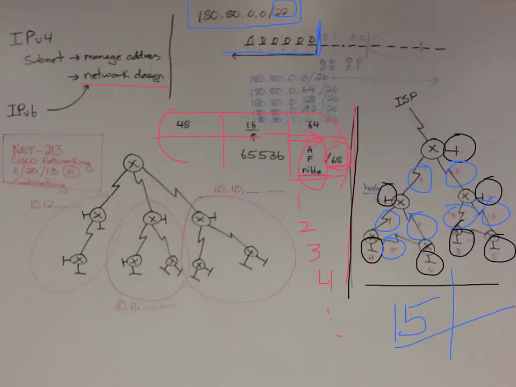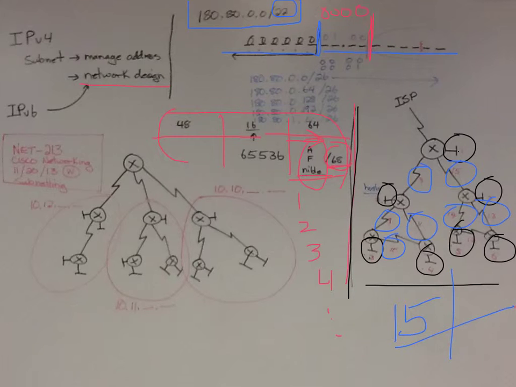And so now we have 10 bits we can work with. So we said to get those 15 networks, we're going to cut it off as close as we could to that. So we took 4 bits and we drew our line. These 4 bits are going to represent our network. And then we wrote them out. I'm not going to go through all of that, but the first one would be 0, 0, 0, 0.